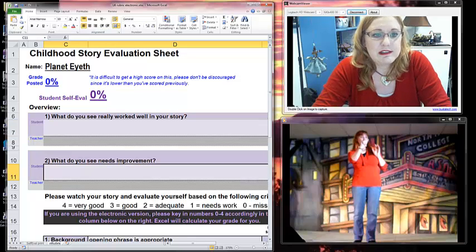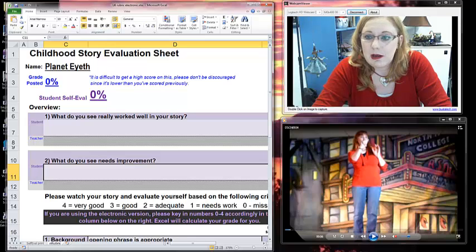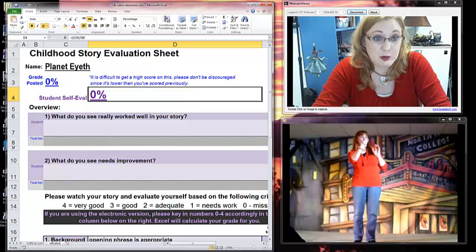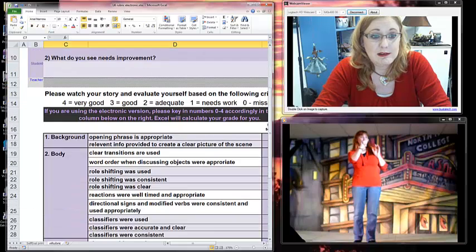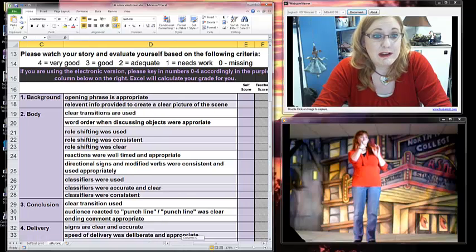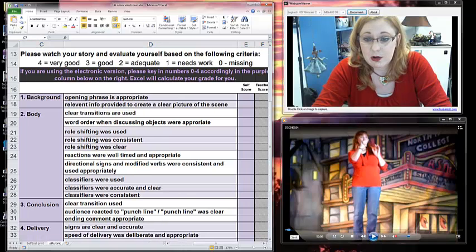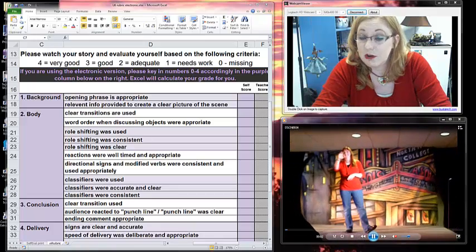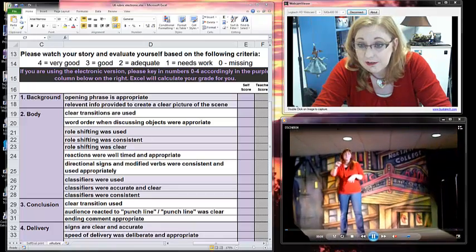So, using this as an example, I'm going to be the student here. I'm going to start out with this being chronological: background, is the opening phrase appropriate? Looking at Planet Ith a few years back, I'm introducing myself.